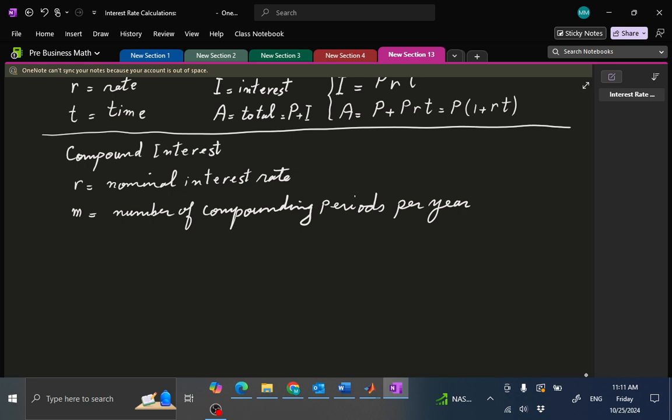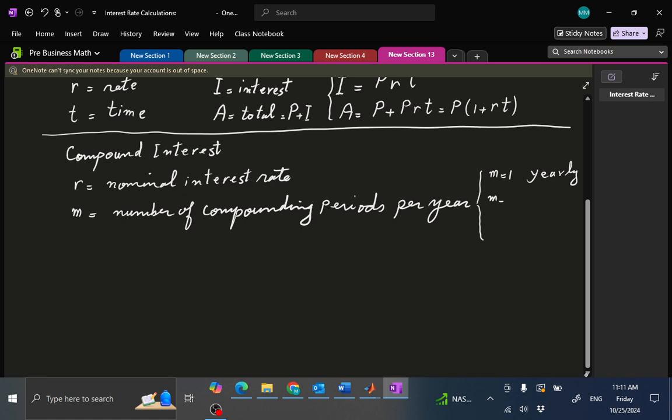Number of compounding periods, well, this is like an accounting system. How many times do you want to compound your money, or calculate the interest on interest? So here are some traditional choices. M equal to 1 means yearly.